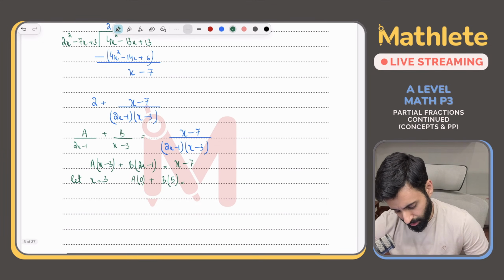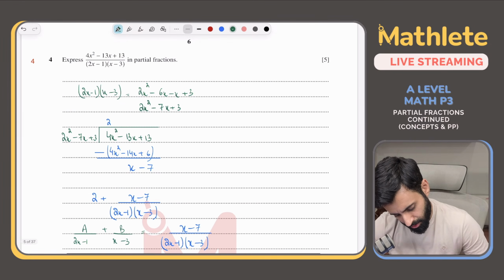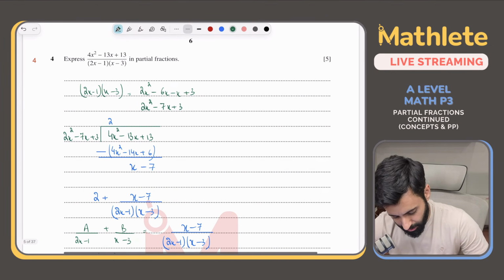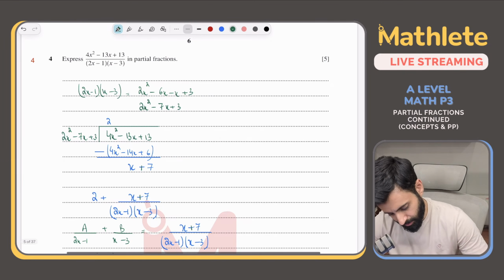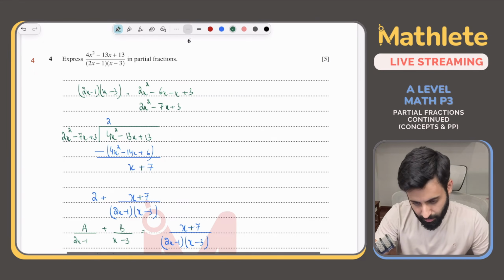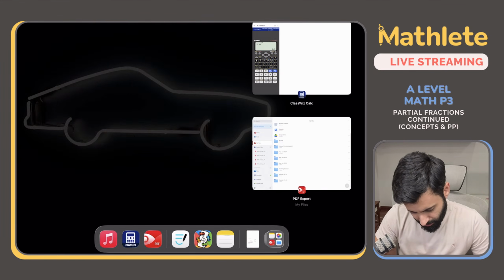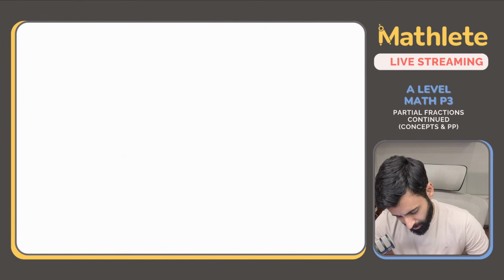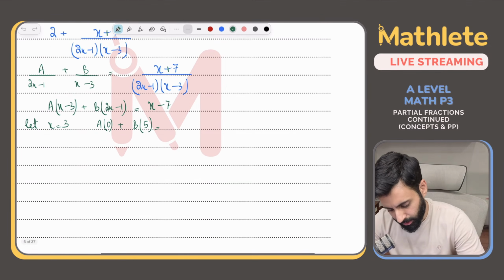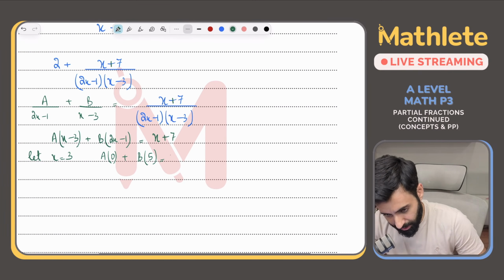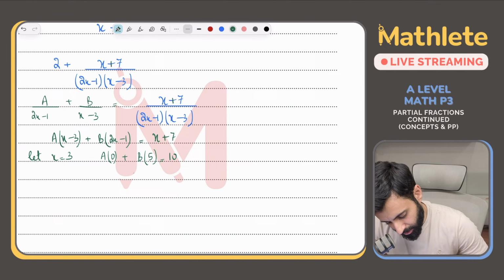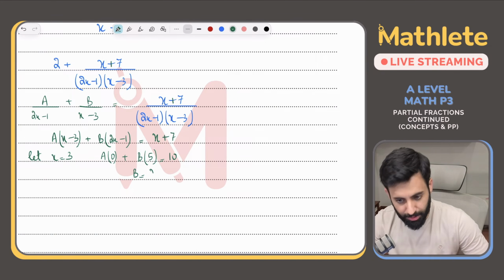That is correct. And oh, it's x plus 7. It's x plus 7. Okay, so x plus 7, and 3 plus 7 is equal to 10. So that means b is equal to 10 upon 5, which means b is equal to 2.